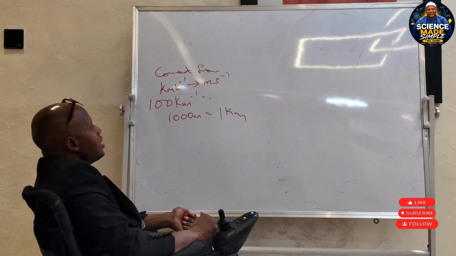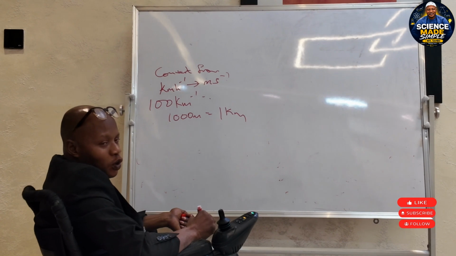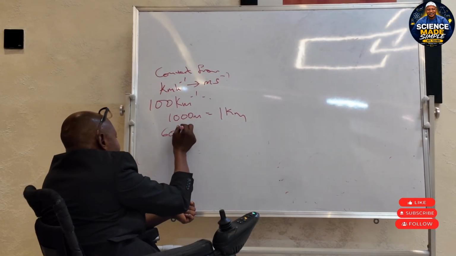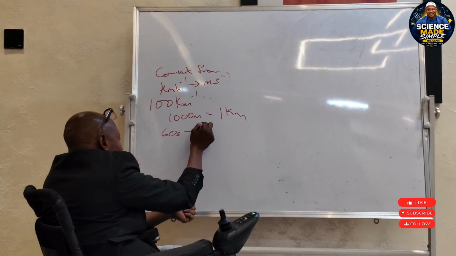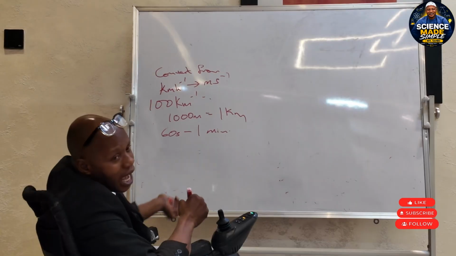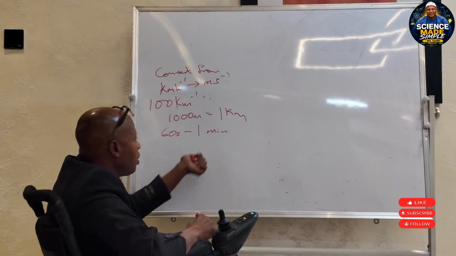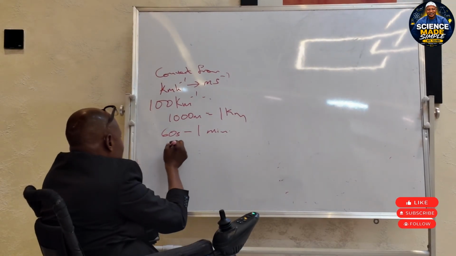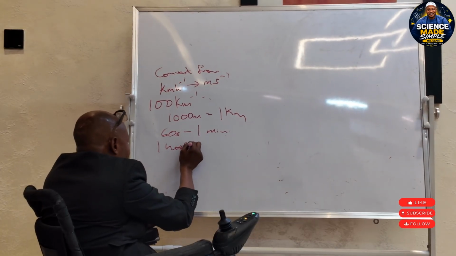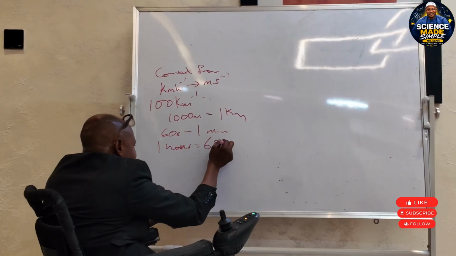How many seconds make 1 hour? We have 60 seconds to be 1 minute, and 1 hour is 60 minutes.